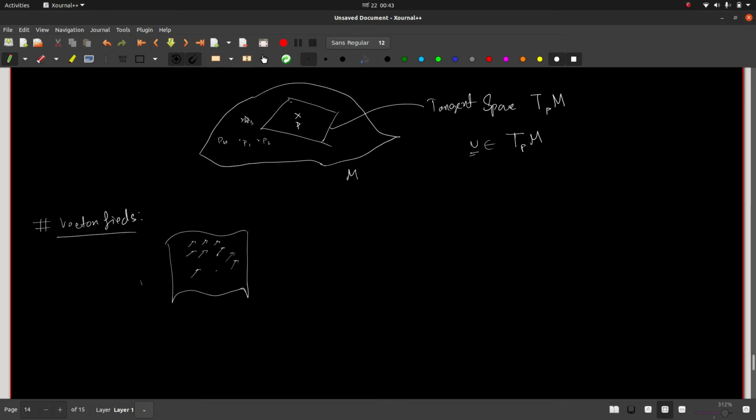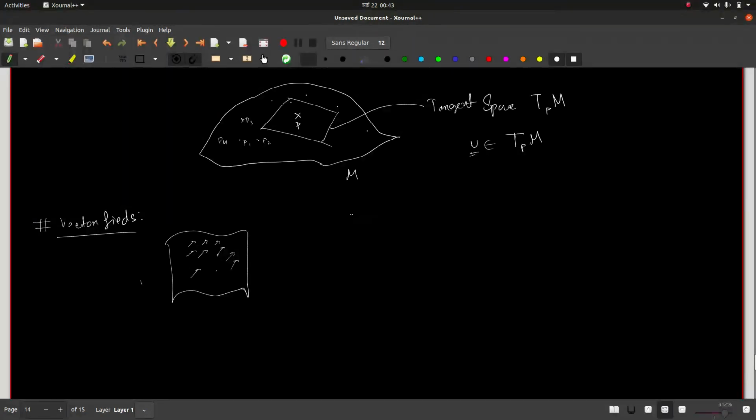Alright, and all these tangent spaces with the manifold itself is known as a tangent bundle, and you define a vector field on a tangent bundle, because otherwise all the points will not be included. So this is how the definition of vector fields from real variable calculus or ordinary calculus gets transformed into the manifold language.